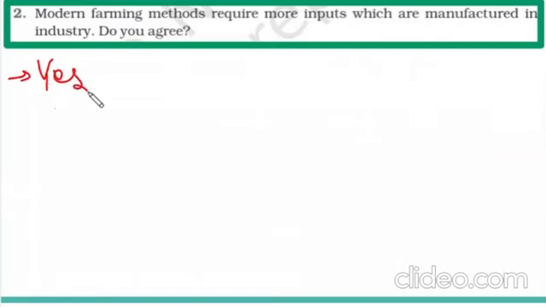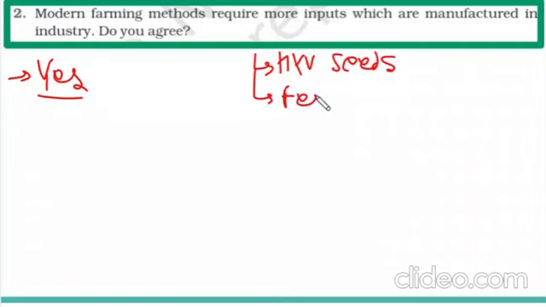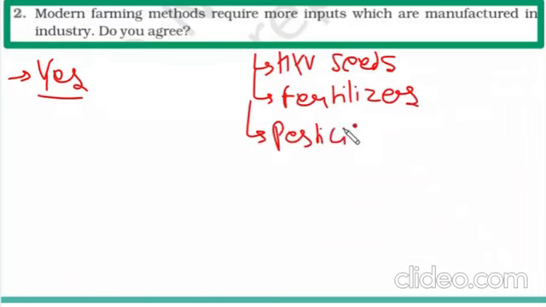When I talk about modern farming methods, we have studied that they require HYV seeds, fertilizers, pesticides.